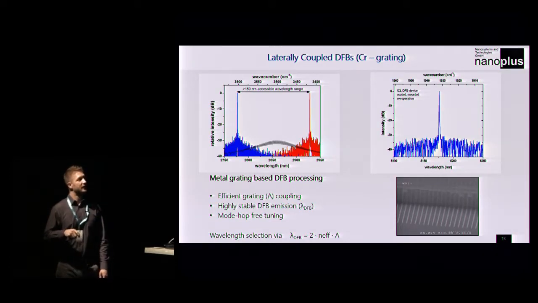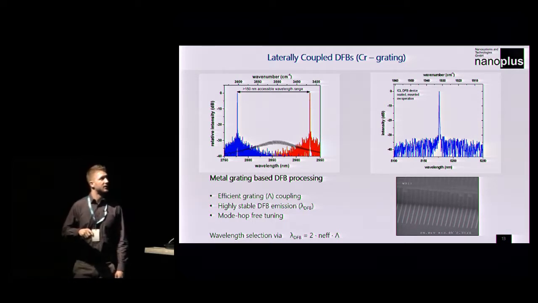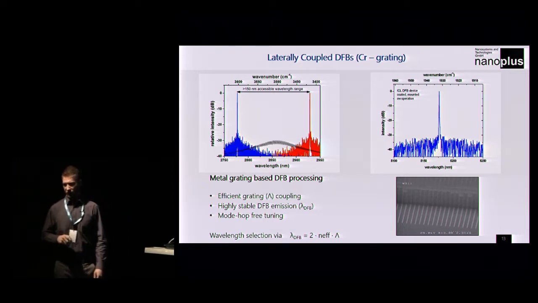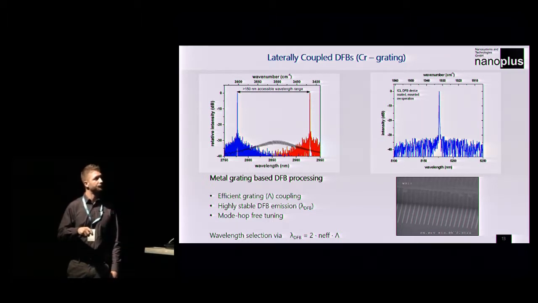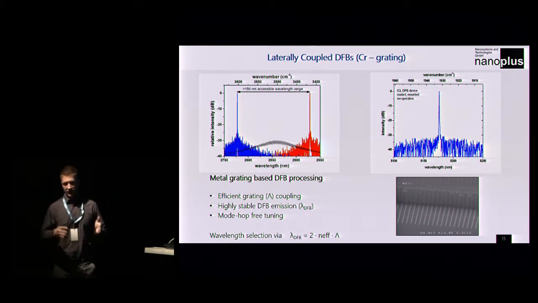Here two examples of some DFB lasers. This is the ICL DFB with the shortest wavelength that has been demonstrated, in the section between 2.7 and 2.9 microns. And as you can see on one epitaxy, the gain of these ICLs is quite wide.